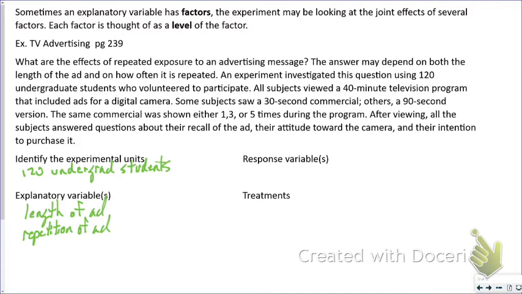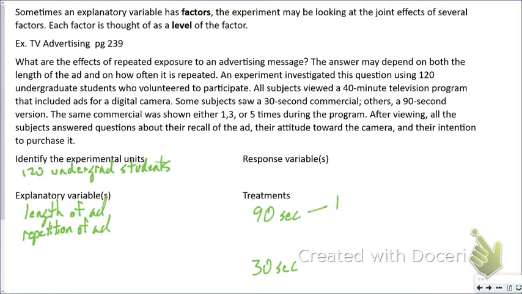Treatments, we have 6, and you need to list them out, as long as the reader can figure out what each treatment is. So you could say something like 90 seconds and 30 seconds, and then you could make like a little tree if you want. You could do them in parentheses.